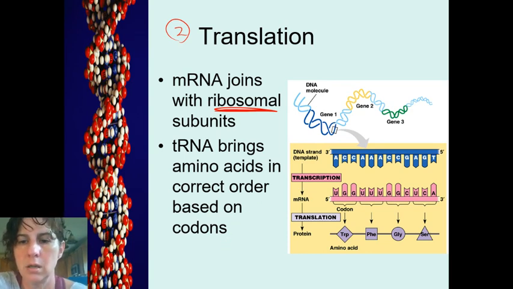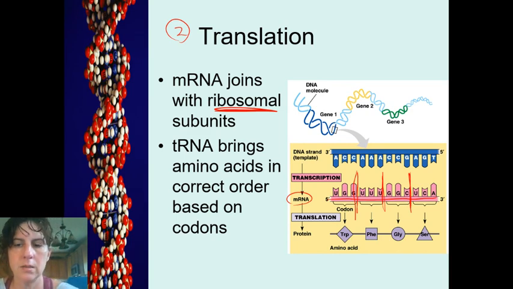So here's my messenger RNA, and it's one single strand, and here's the code. First thing you always need to do, come in and make lines between the codons. Just draw them in or do something that allows you to see them in groups of 3, right? So just visualize groups of 3. Makes it easier.